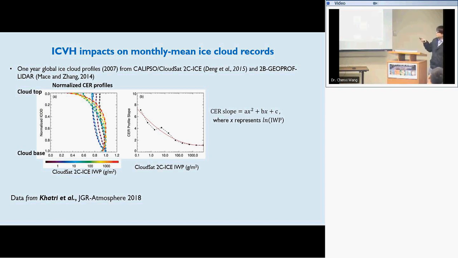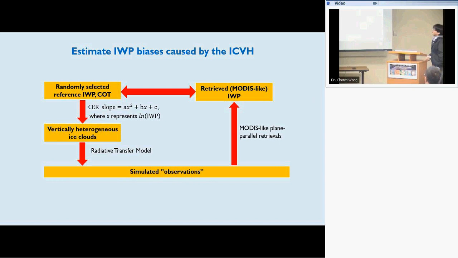With this, if we know the overall IWP, we can estimate how the size is distributed in the whole cloud layer. And then there's a relationship between the reference IWP and the retrieved IWP.